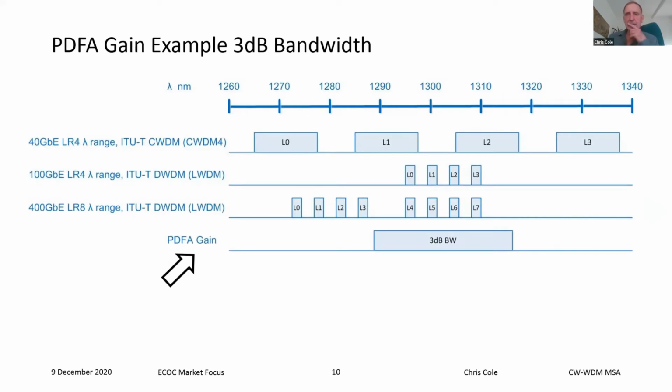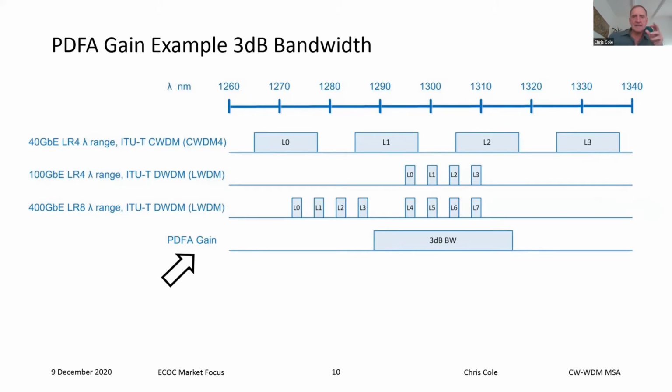One other thing I'd like to, Paul spoke about challenges of testing. One of the big challenges in testing these optics, especially as we're going to higher order modulation, is there's no effective amplification in O-band that covers, for example, the CW-WDM range or even the LR8 range.